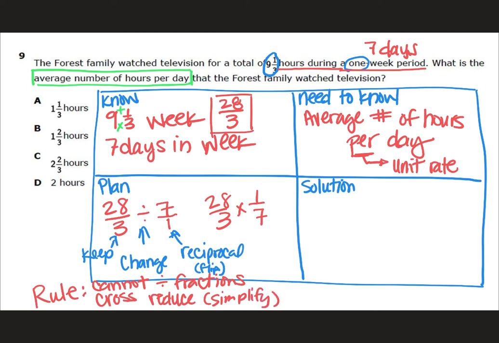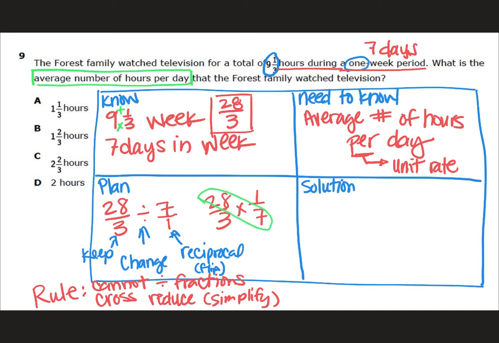What that means is I look at numbers that are diagonal from each other, like 1 and 3. I can't reduce 1 and 3 because 1 can't be reduced any more than it already is. But I can reduce 28 and 7.